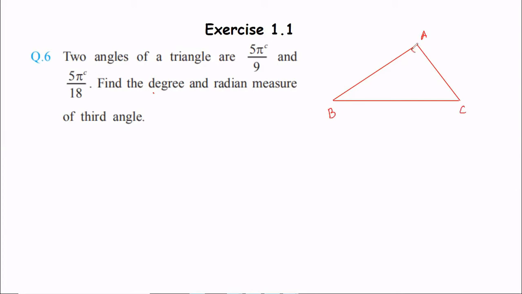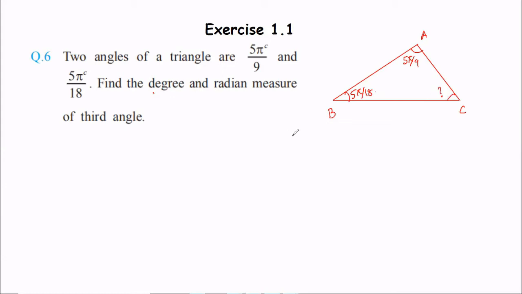So measure angle A is 5 pi by 9 radian and measure angle B is 5 pi by 18 radian. This time, I will not convert the given angles to degrees first. Rather, I will solve them in terms of radian only.